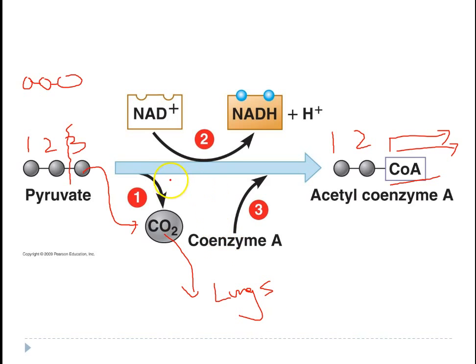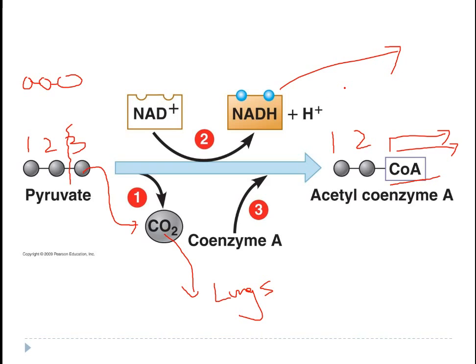Then what's going to happen in this step is because every time we break off a little carbon, we're able to make some energy. And this energy is not going to be ATP. It's going to be just to take that empty wheelbarrow, another NAD, and add 2 electrons and some hydrogen to it. And now they're going to go to our next couple of steps that we'll talk about.